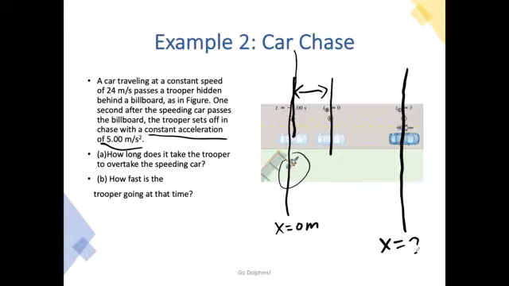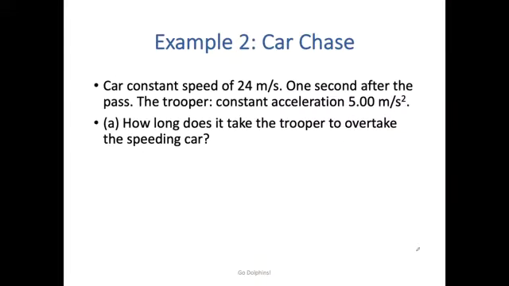So we need to build an equation for the position of the speeder and the position of the police car. We build this equation and find out how long it takes until the position of the police car equals the position of the speeder.